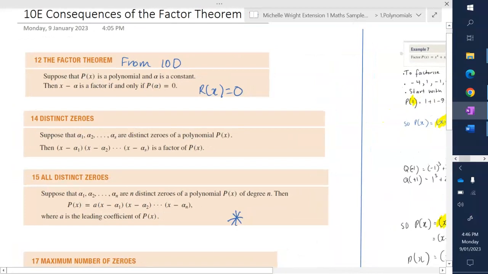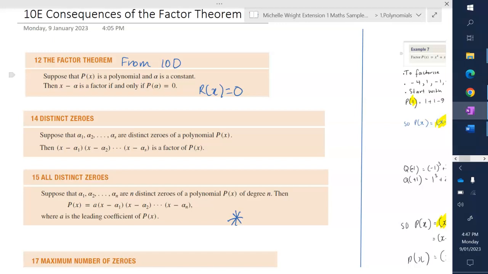Before we do that, let's remind ourselves what the factor theorem was from the last lesson that we had in 10D. The factor theorem says, suppose that p of x is a polynomial and alpha is a constant, then x minus alpha is a factor if and only if p of alpha equals 0.